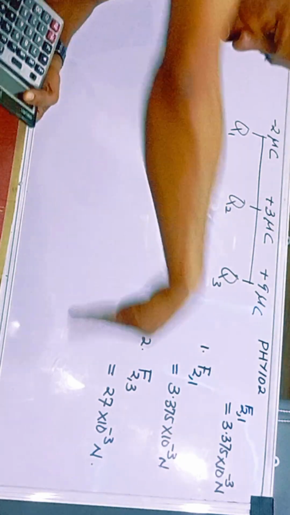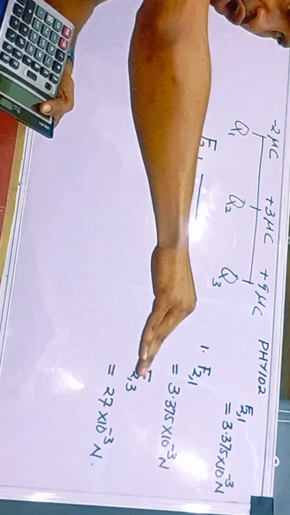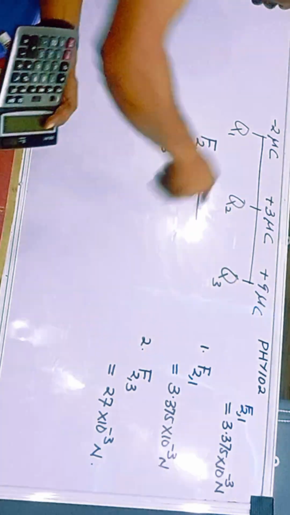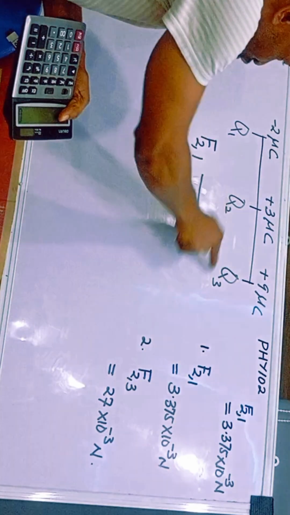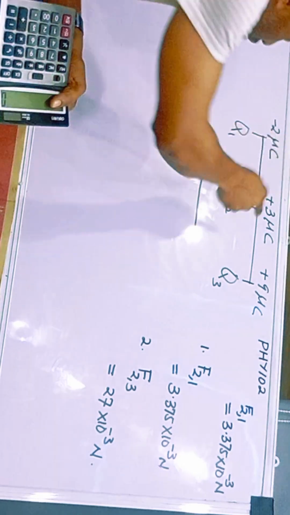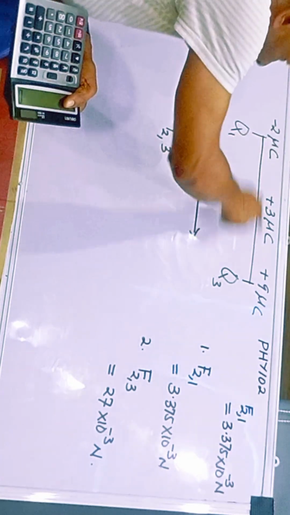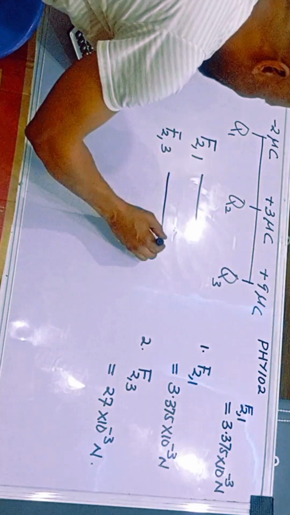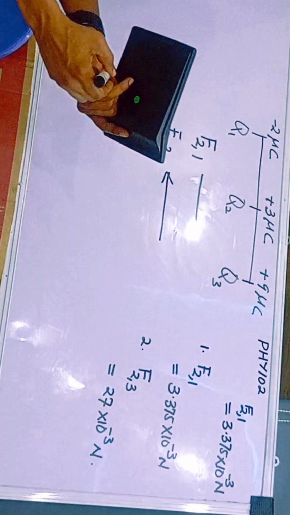So the force of repulsion is in the direction of the smaller charge. Q2 and Q3 repel each other because they carry similar charges, so the force of repulsion will be in the direction of the smaller charge, which is plus 3 microcoulomb. That means it's going to be like this, towards Q2.